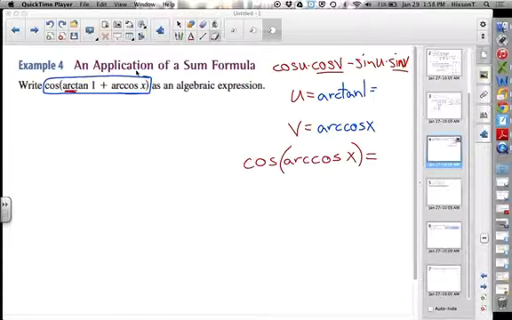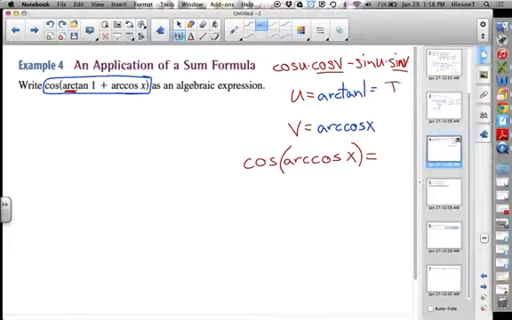In this case, u is the arctangent of 1. So what this is telling us is that u is the angle whose tangent equals 1. What angle has a tangent equal to 1? Pi over 4. So pi over 4 is our angle.